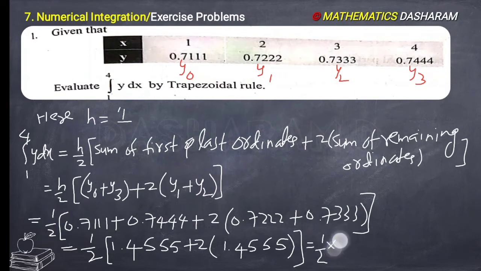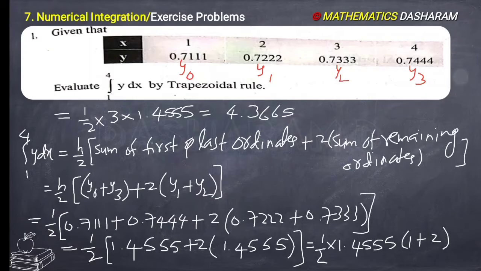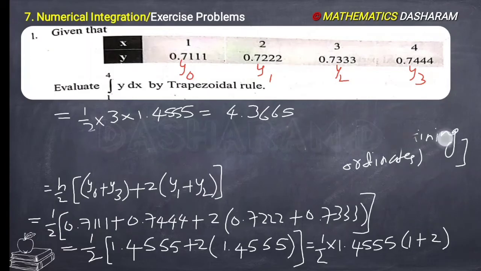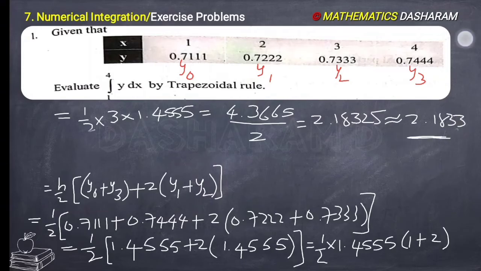Here we can take 1.4555 common, so bracket of 1 plus 2. So it is equal to 1 by 2 into 3 into 1.4555. First 3 into 1.4555, divided by 2, so it is equal to 2.18325. Its approximate value is 2.1833. So this is our required answer.